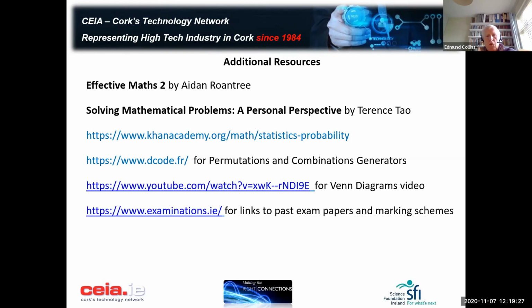So don't just stick to the one source, the one resource. Now, when we were talking about permutations and combinations, and the question, why are there no duplicates allowed, and so on, I would suggest going into that website there, www.decode.fr.